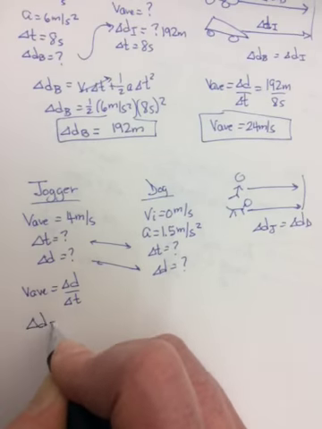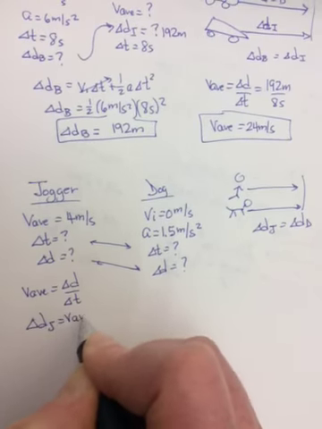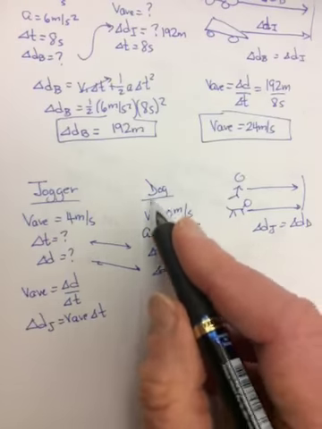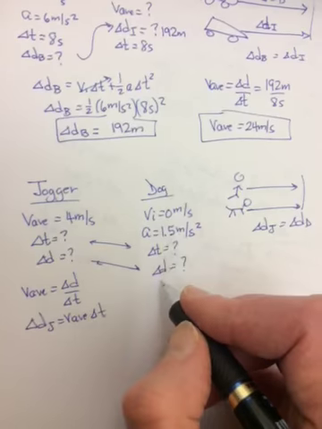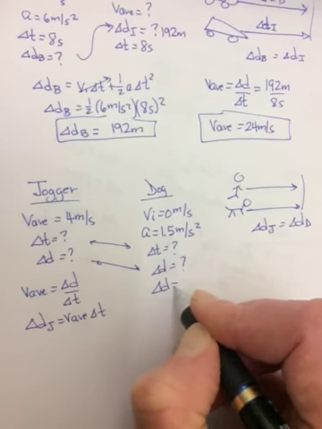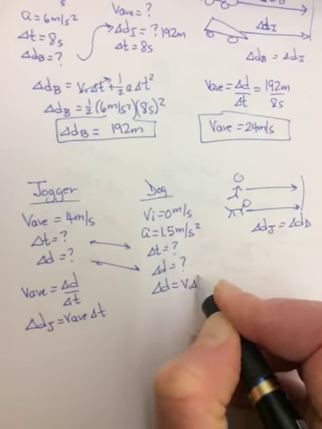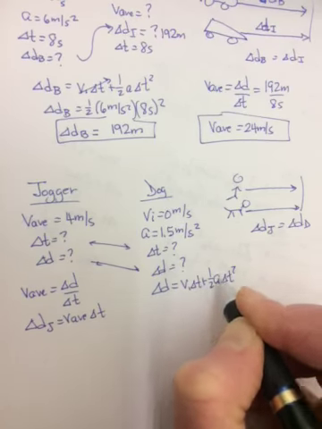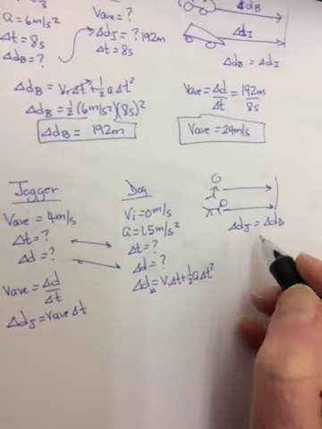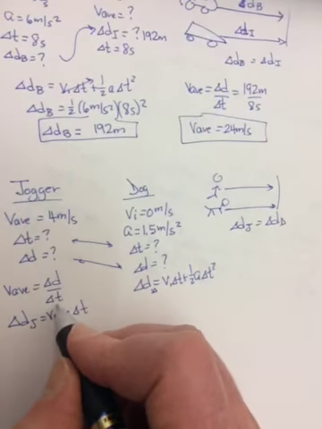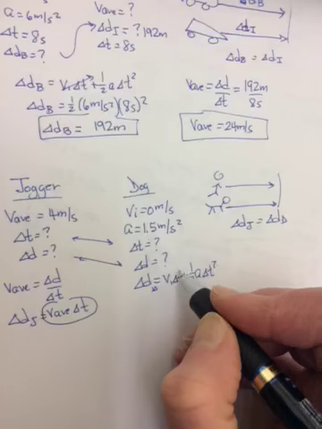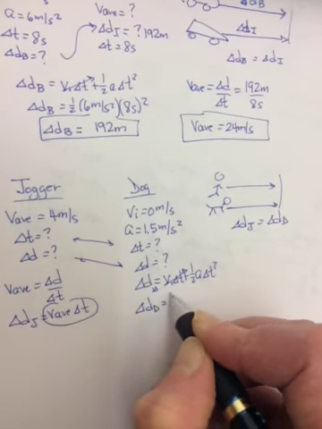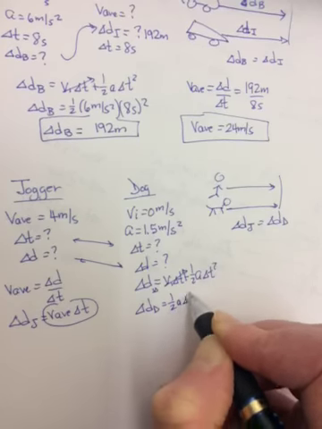Rearrange: delta D of the jogger will be equal to VAV delta T. And for the dog, you can get a delta D equation because you have VI and A. So delta D is equal to VI delta T plus 1/2 A delta T squared. This is for the dog. Well, we said over here that they're equal to each other. And this is 0. So, sorry, delta D of the dog is really 1/2 A delta T squared.